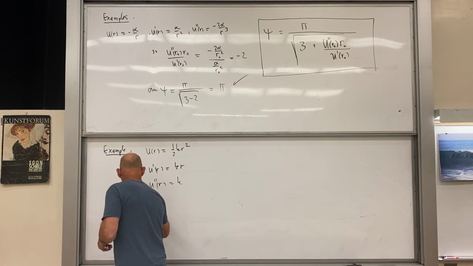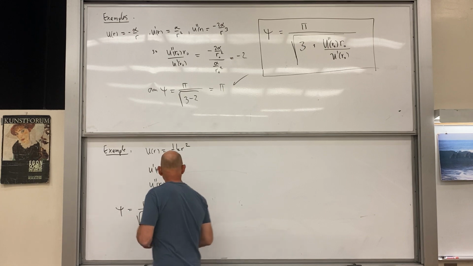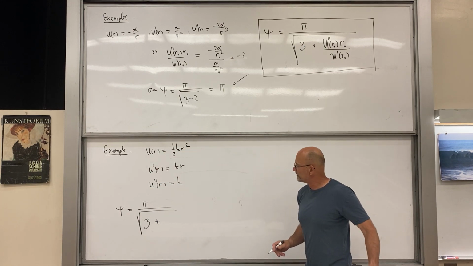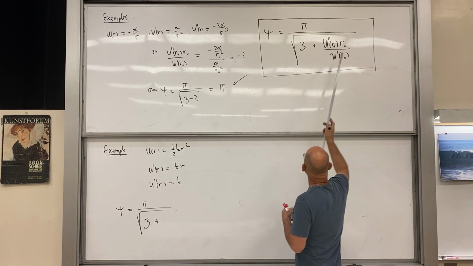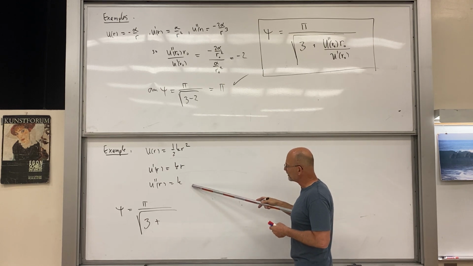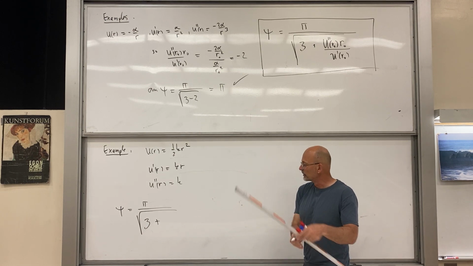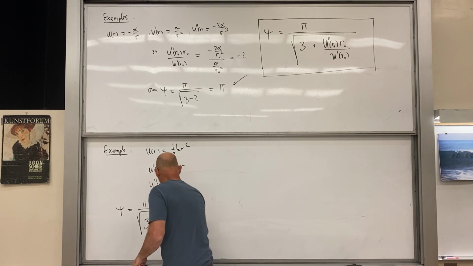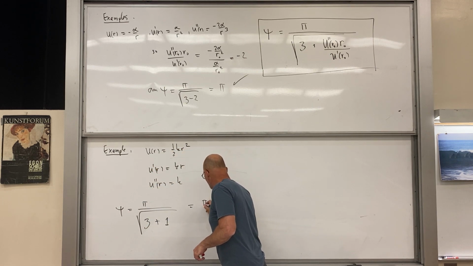C is equal to pi divided by 3 plus what? U double prime of r times r, which is k times r divided by k times r, is just a 1. Okay, so we just get pi over root 4, so that's pi divided by 2.